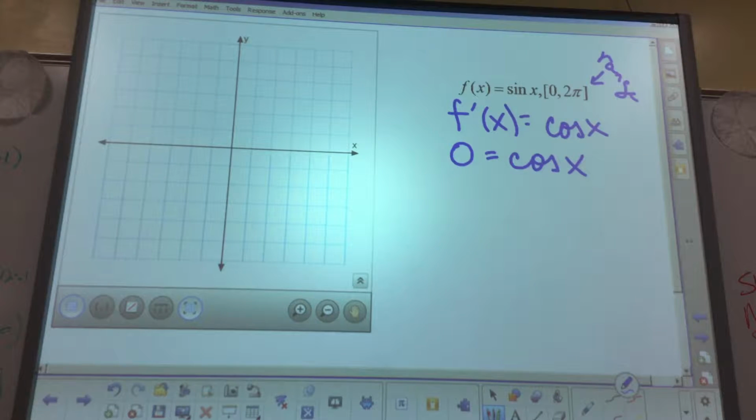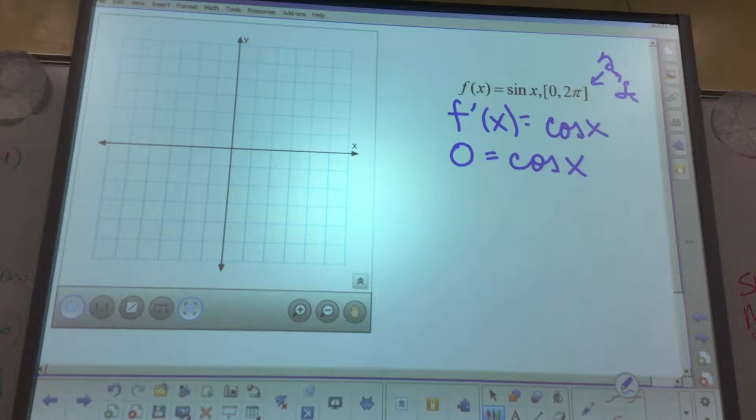So which one is which here? 0, 1, or 1, 0? We're talking in radians.